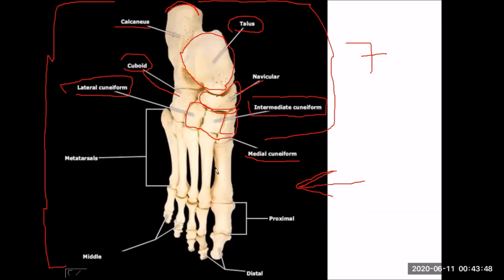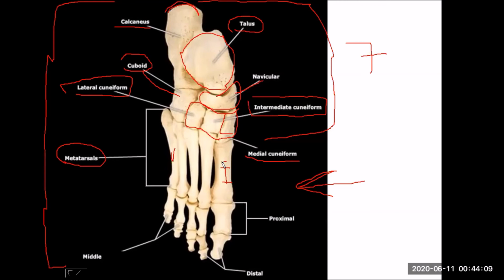Now the next 5 bones here, collectively metatarsals, but we now have to apply the numbering system, the Roman numerals. And now it's numbered. Number 1 is medial, and then number 5 is lateral. And we just have to fill it in between.